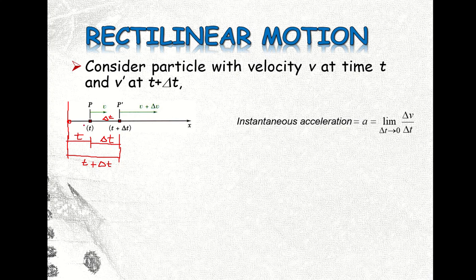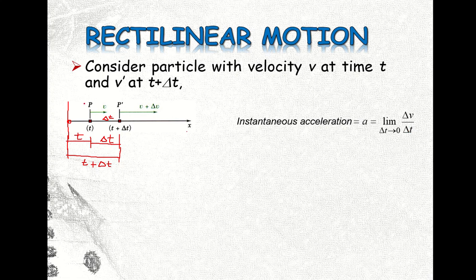All right, so it changed. There's a change of the velocity. So we have what we call the change of velocity with respect to time. That is what we call instantaneous acceleration. So that's why we have here the definition of instantaneous acceleration, a, which is the limit of the change of the velocity with respect to time.